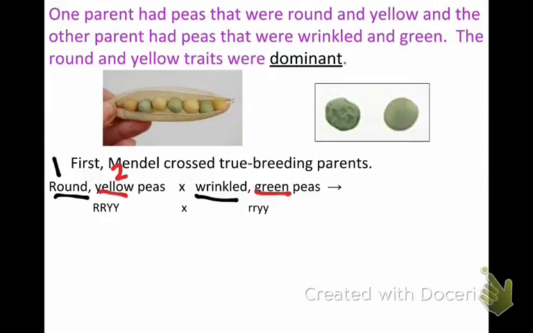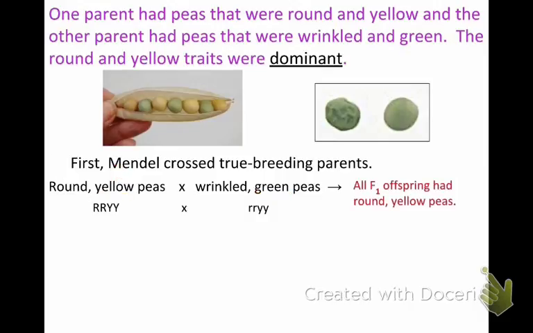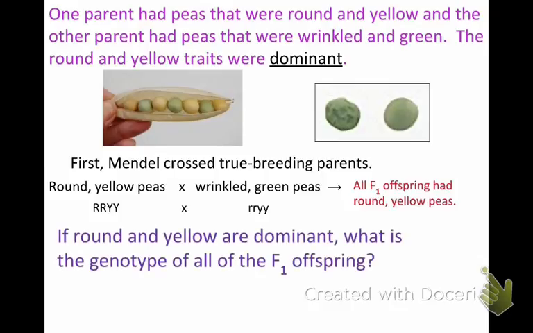So when he did this cross, he found that all F1 offspring had round yellow peas, which would make sense. If round and yellow are dominant, what is the genotype of all the F1 offspring? Let's look. It should be big R, little r, big Y, little y.